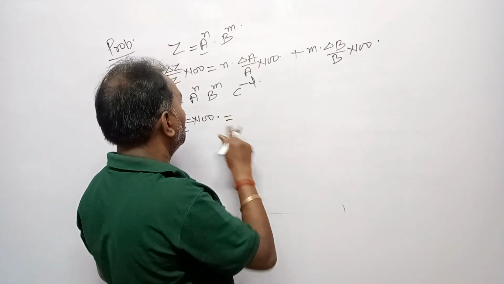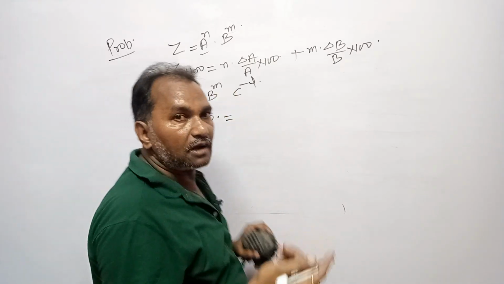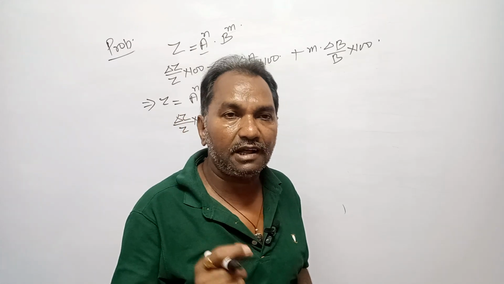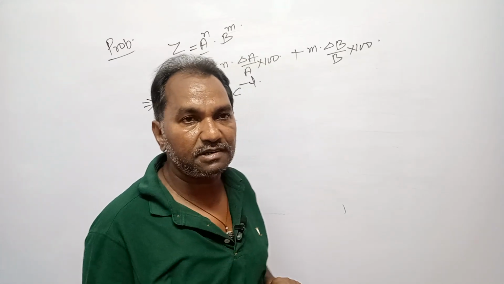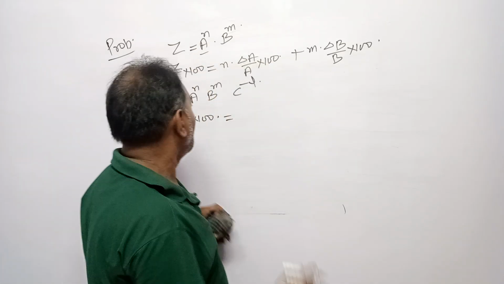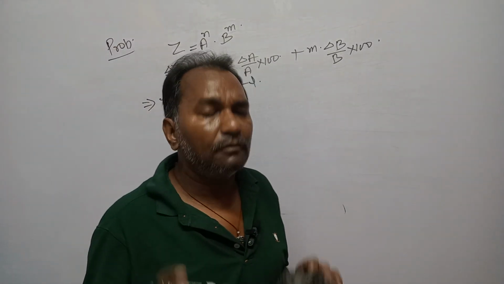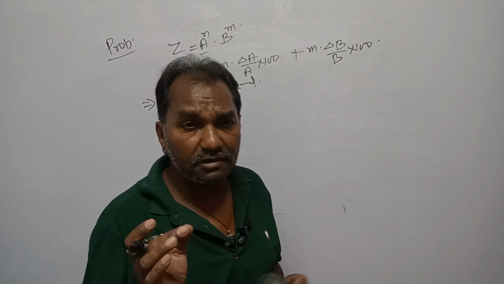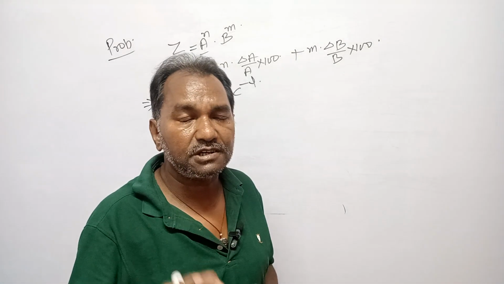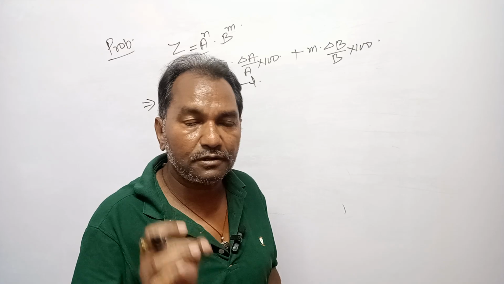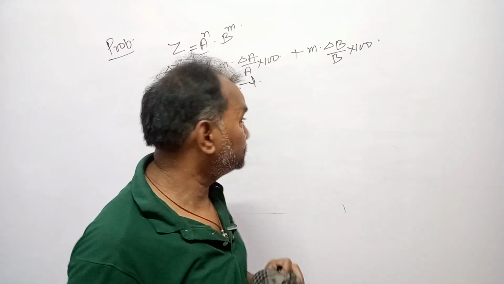That works out to be, these products will turn into summation when you write the expression for possible percentage error in the value of z. Whether it is a division or a product, that will turn into summation when you write the expression for the possible percentage error of z.